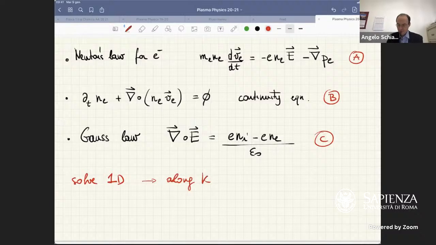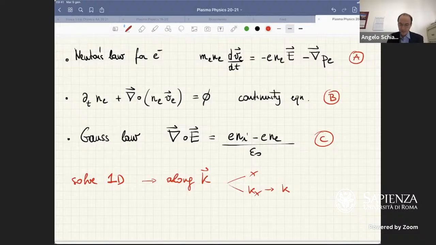In this case, we are going to have, for instance, an x coordinate along the k direction, and k_x just becomes k, the wave number, since we are reorienting our system of reference in the direction of the wave propagation.